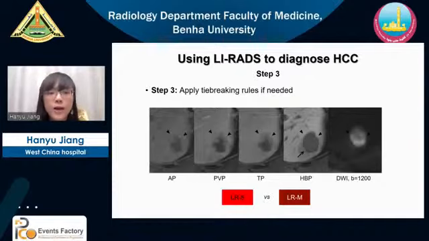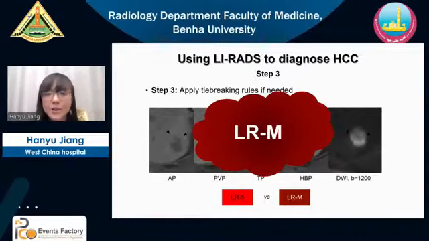But remember, when we are unsure between two different categories, it's better to assign the one with lower certainty of hepatocellular carcinoma origin. So let's assign it LR-M. And this observation is histopathologically confirmed as an intrahepatic cholangiocarcinoma.